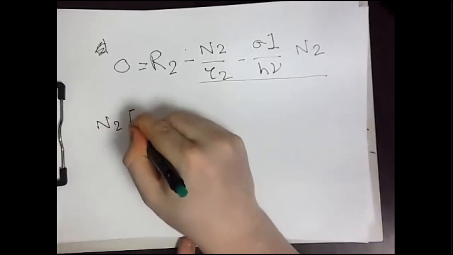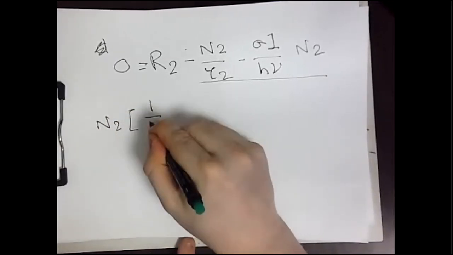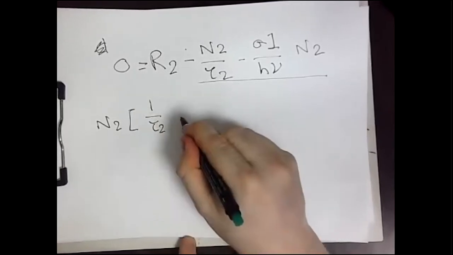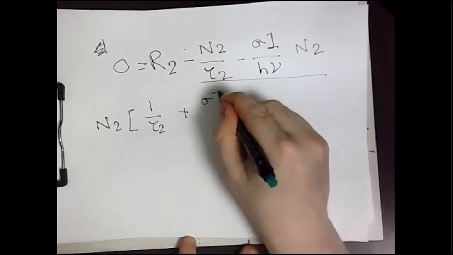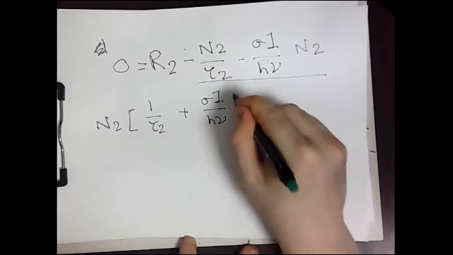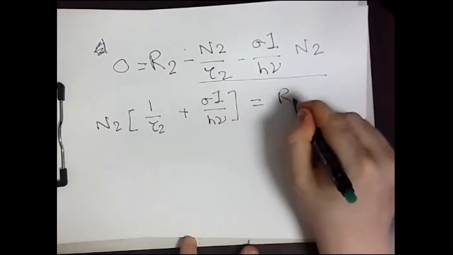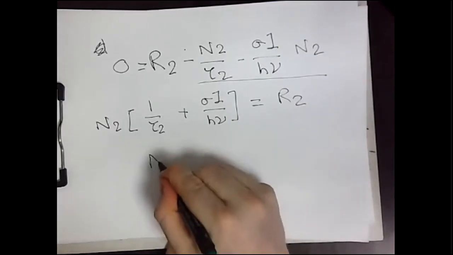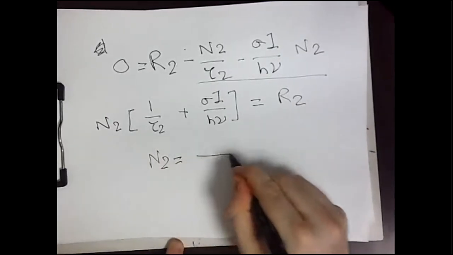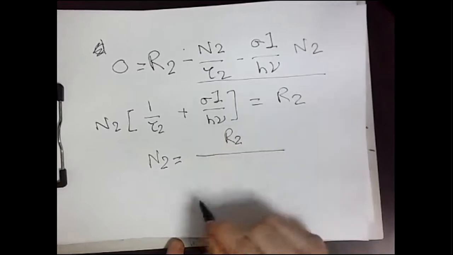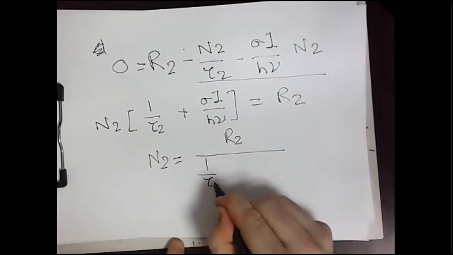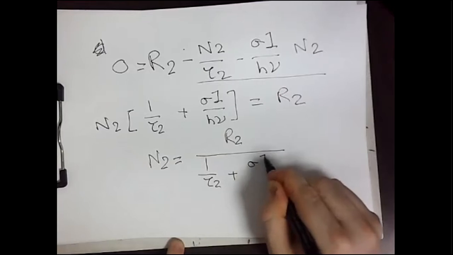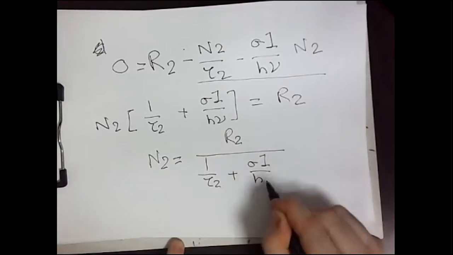So N2 times (1 over tau 2 plus sigma I over h mu) equals R2. Accordingly, N2 equals R2 over (1 over tau 2 plus sigma I over h mu).